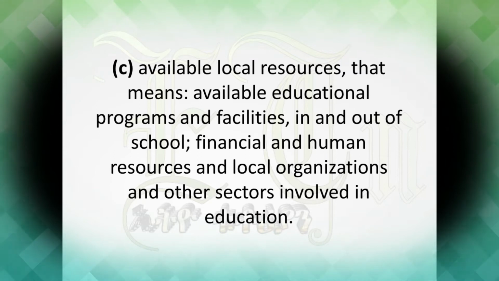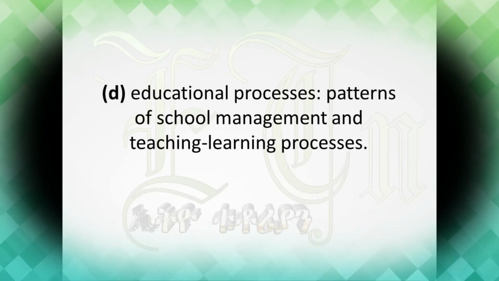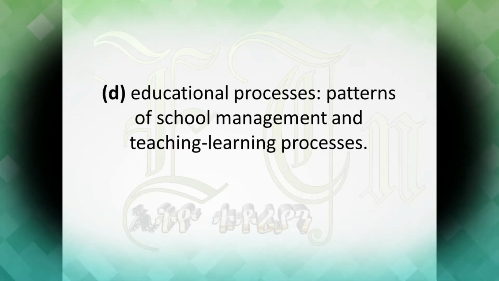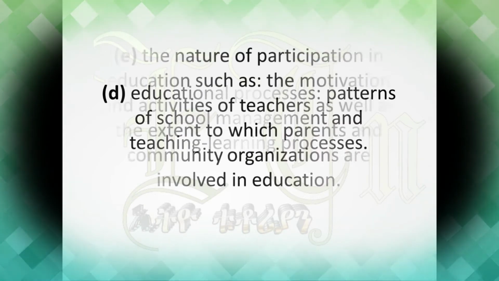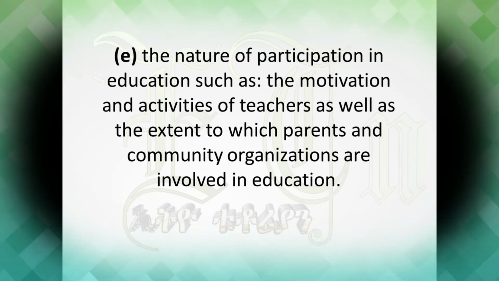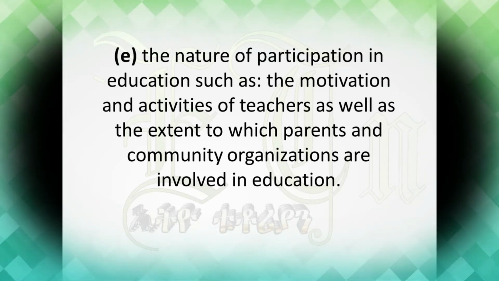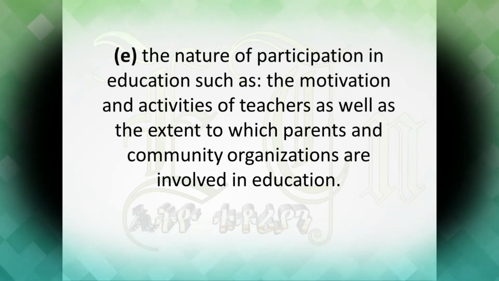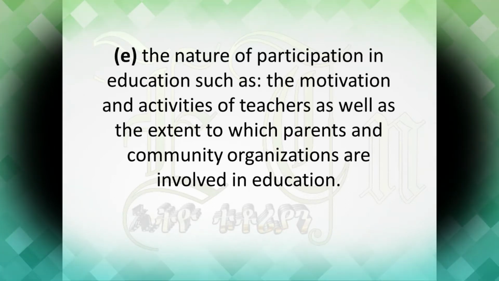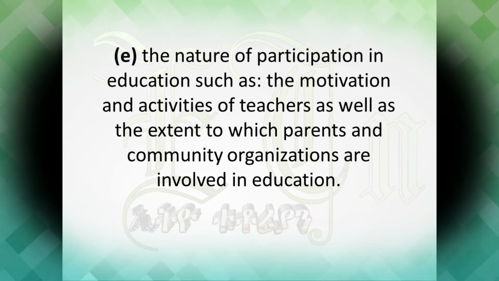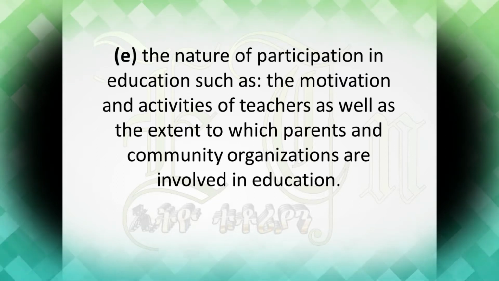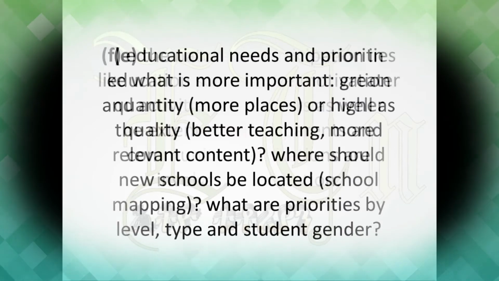sectors involved in education. D. Educational processes, patterns of school management and teaching learning processes. E. The nature of participation in education, such as the motivation and activities of teachers, as well as the extent to which parents and community organizations are involved in education.